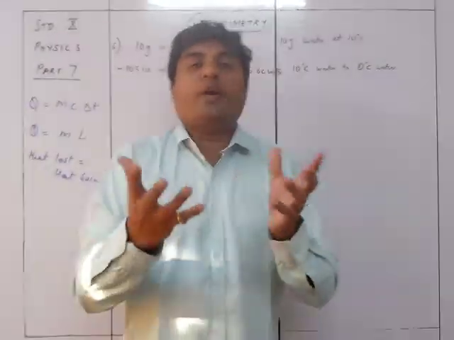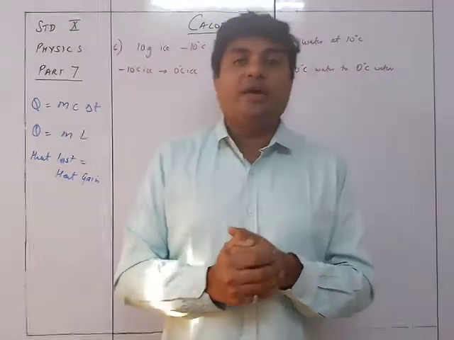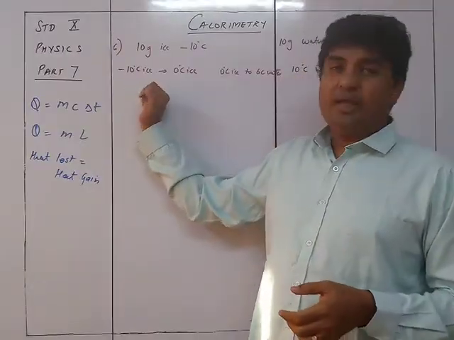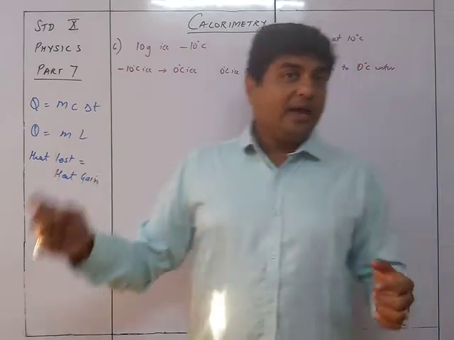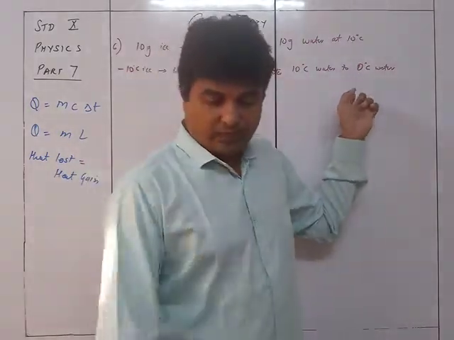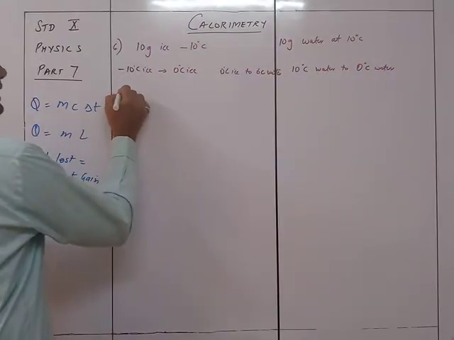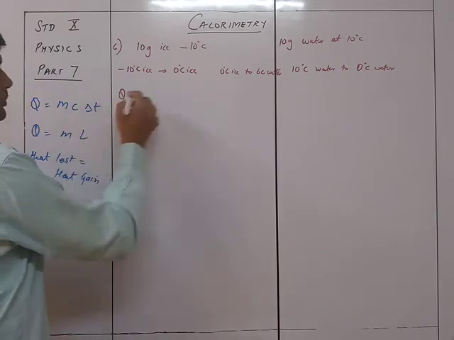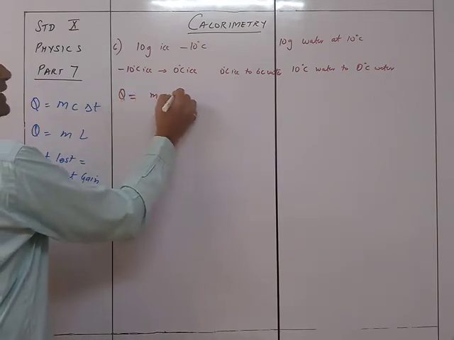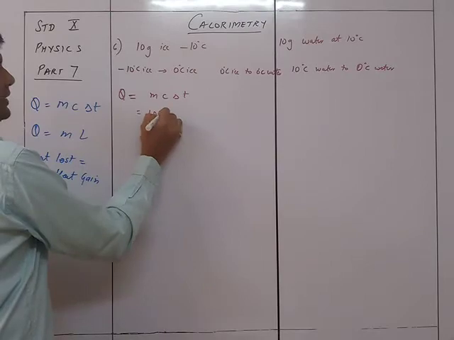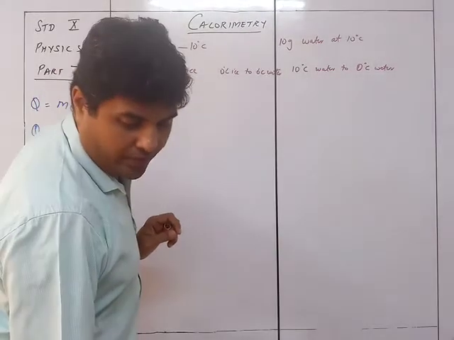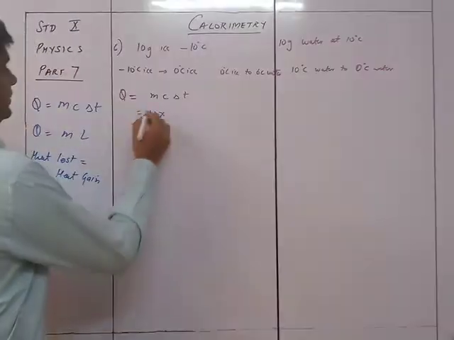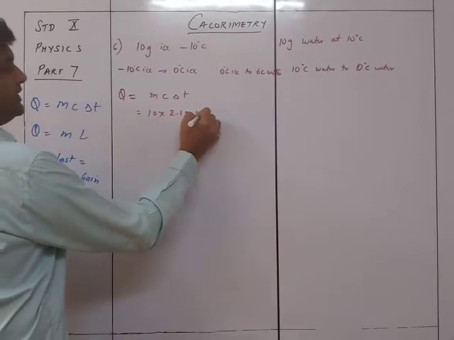Now how do we know what has happened? For that, we will find out the heat which is required for this and the heat which will be given by this. Okay, so here you know that Q is equal to mc delta T. So that will be 10 into C, which is 2.1, into delta T, which is 10.